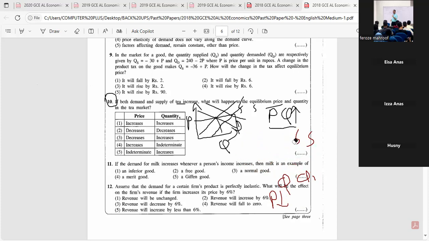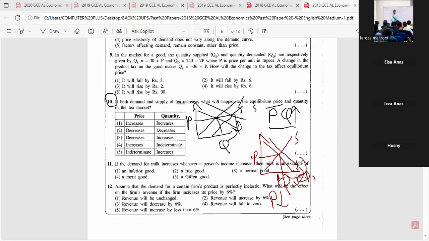First, demand and supply increase equally. Demand increases, supply increases, price constant, quantity increases. The second situation: demand and supply do not increase equally.